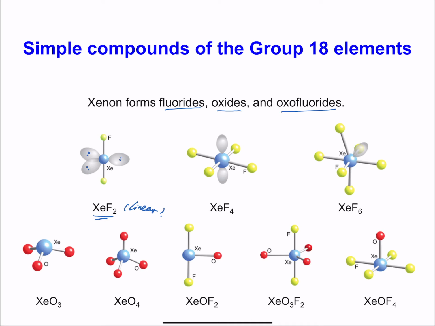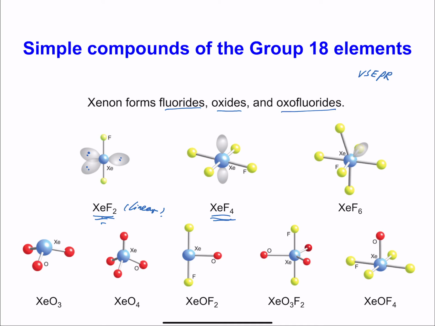So we have this one, a linear structure of xenon difluoride, right? The reason it adopts this linear structure is that you can see it still has three lone pairs occupying the equatorial plane. So the real structure, if you consider the lone pairs, is D3h, a trigonal bipyramidal structure, and here it's a square planar structure.